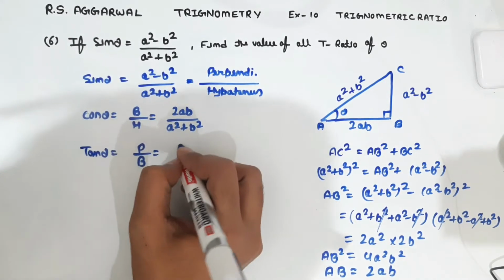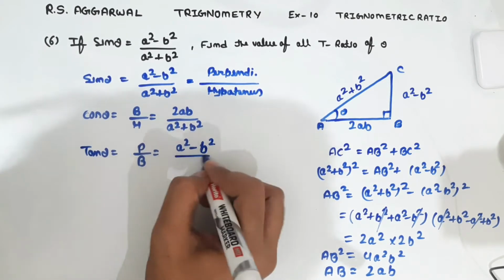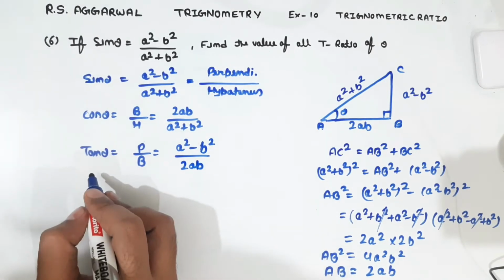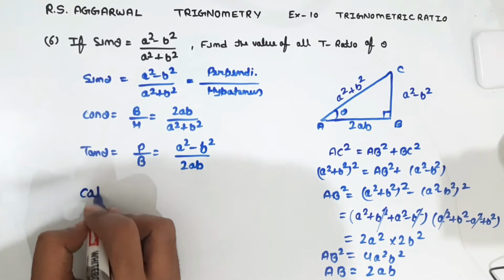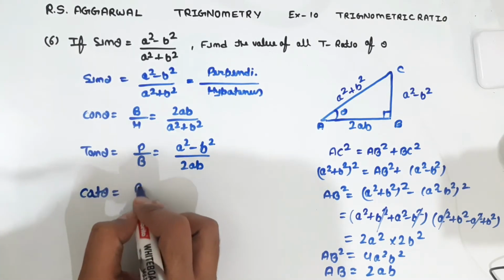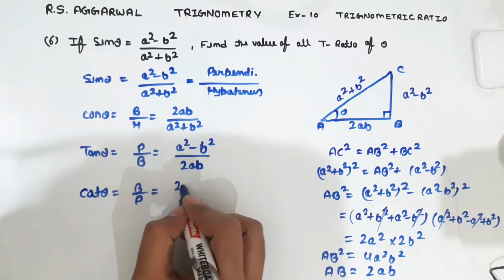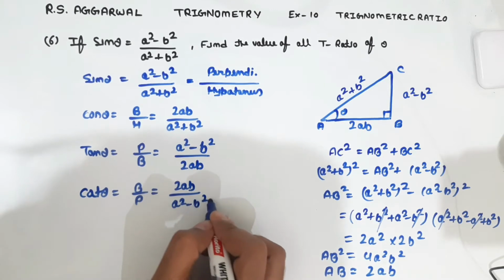So our perpendicular is a square minus b square and base is 2ab. Then our next trigonometric ratio, that is cot theta, which is given by base upon perpendicular. So our base is 2ab and perpendicular is a square minus b square.